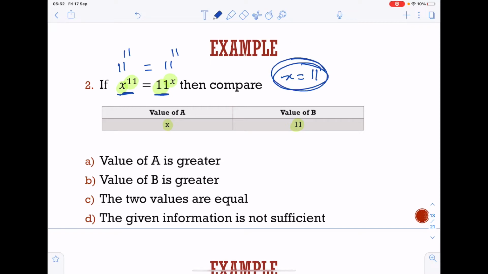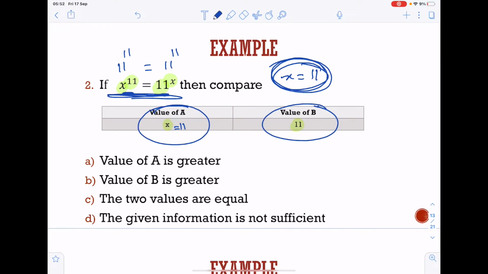So this is the only value that makes this statement true. So here the value of x equals 11, so I'm going to compare between value A, which is 11, and value B, which is 11. Okay, so the two values are equal.